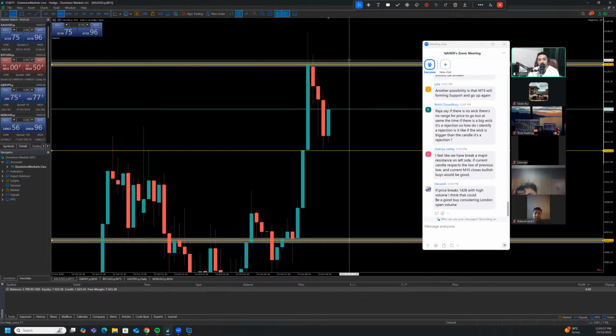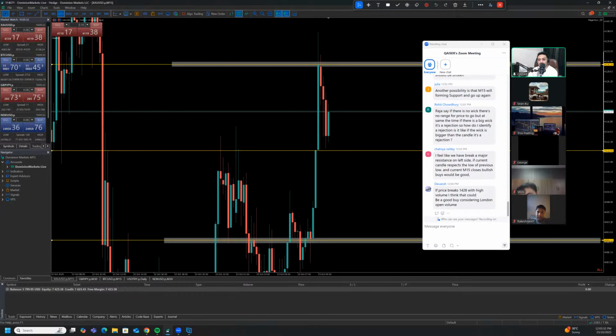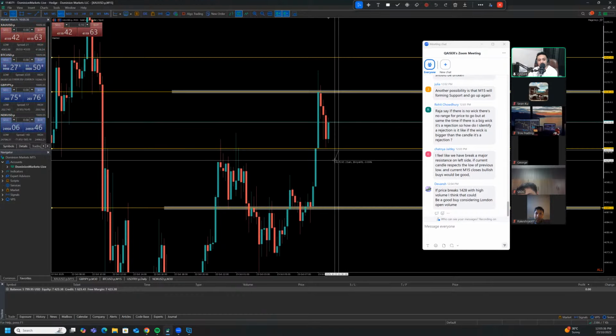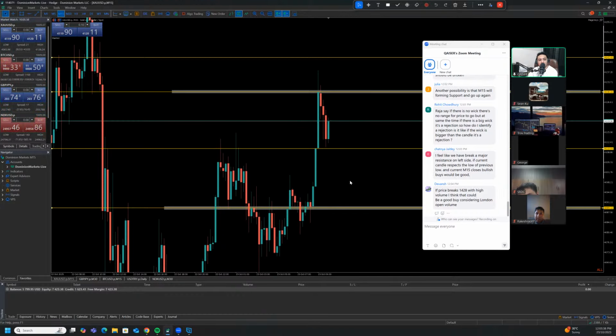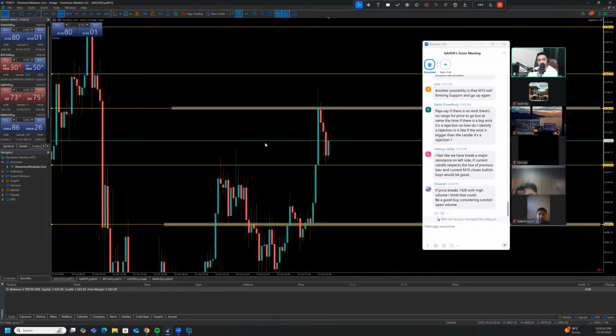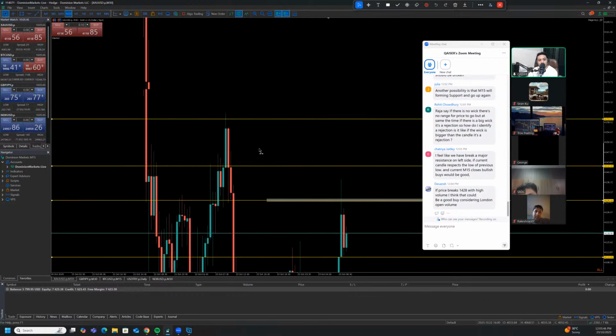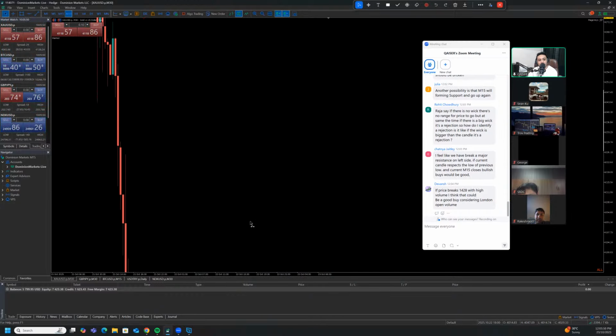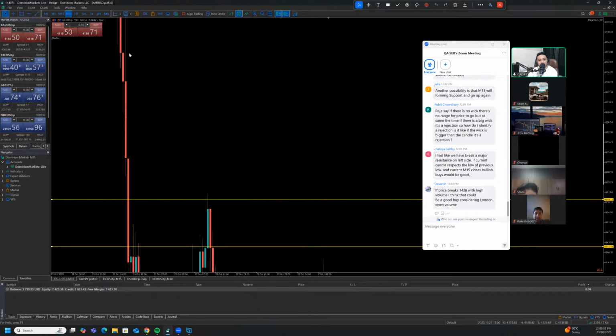If we close above this area, that also makes sense for the buys. Or if we create a support and break below that support, that also makes sense for the sells actually. So let's see. Very tricky one. Such a tricky one. Wow, above this area is like a clean traffic. Wow, look at this one.